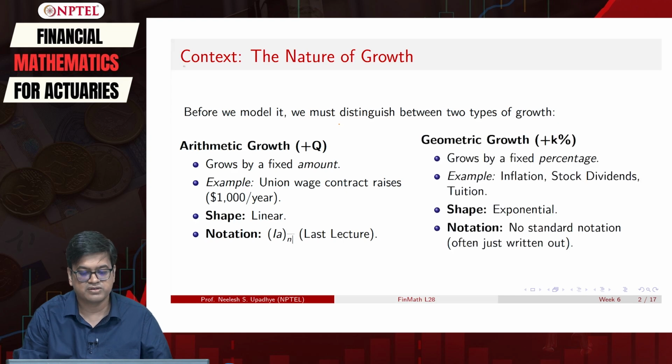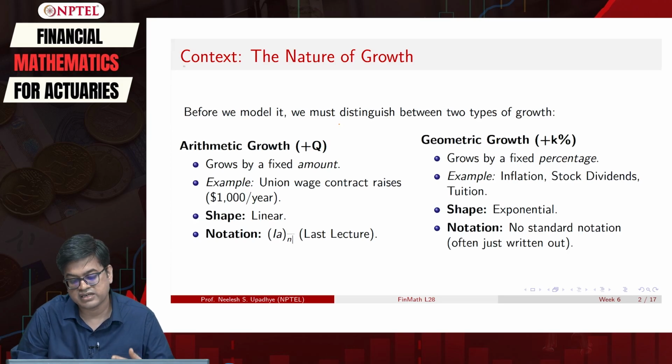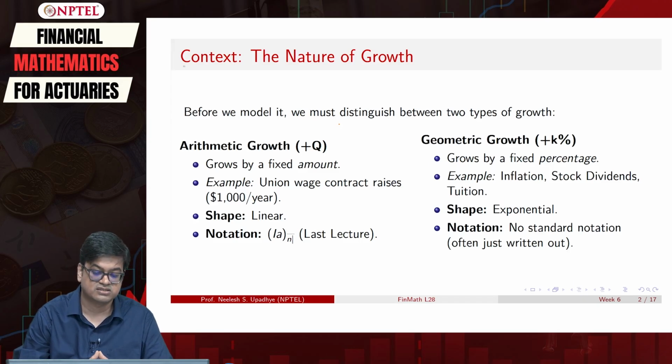Today we are going to see the geometric growth. This is when your salary increases by a fixed percentage, 10%, 20%, and this actually settles the inflation, or you can consider this situation in terms of stock dividends or tuition fees that are increasing.